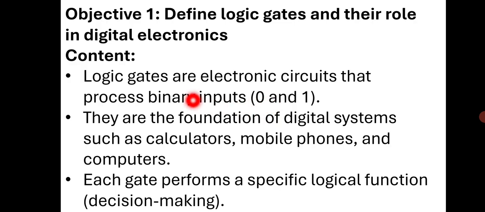Logic gates are electronic circuits, which process binary numbers. Binary numbers are zeros and ones, or binary inputs. So logic gates are the foundation of digital systems, of calculators, mobile phones, and computers.